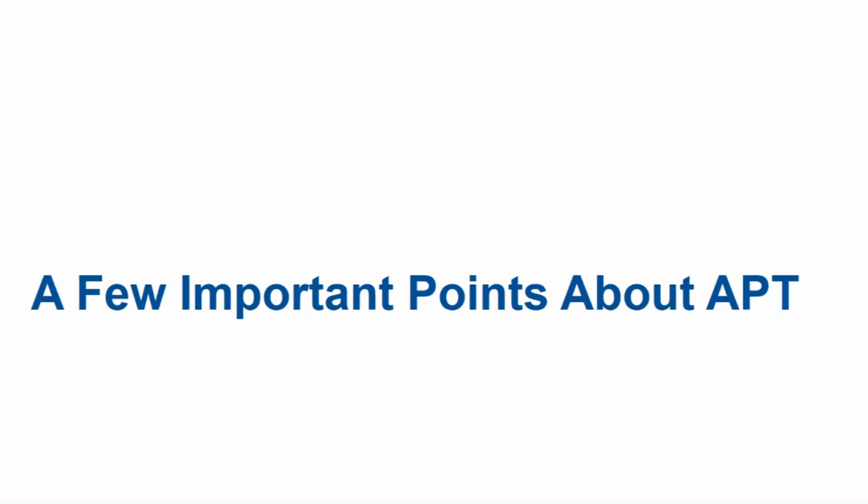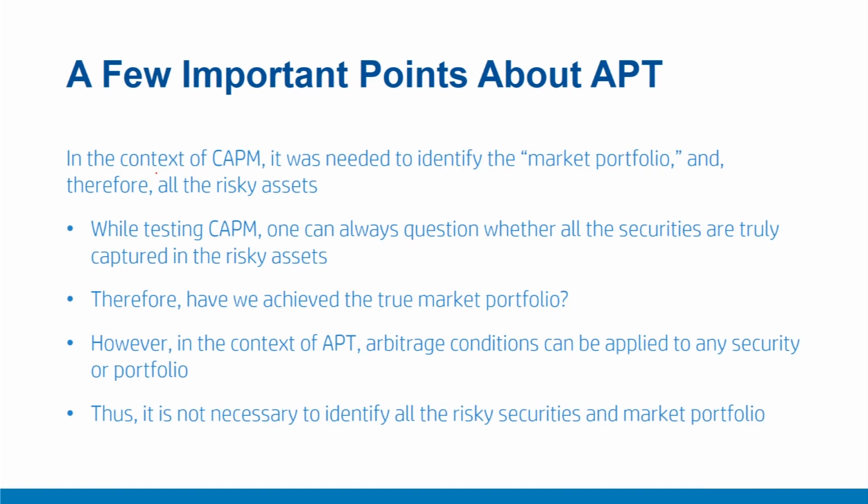A few important points about APT. In this video, we'll talk about some interesting and contrasting aspects of APT that differentiate it from other asset pricing models such as CAPM. In the context of CAPM, we need to identify the market portfolio, and identification of the market portfolio requires identification of all the risky assets that comprise it.